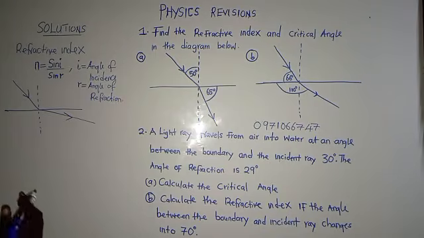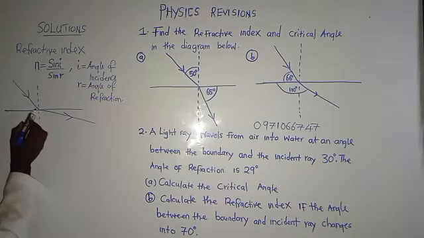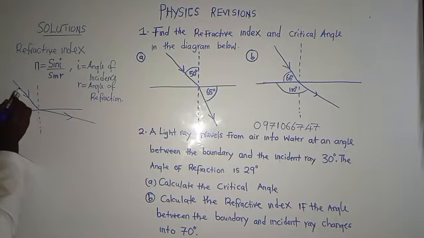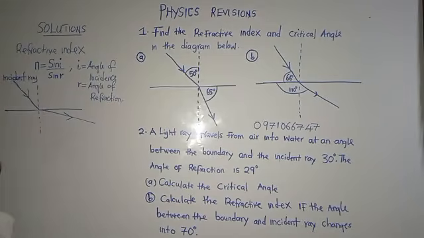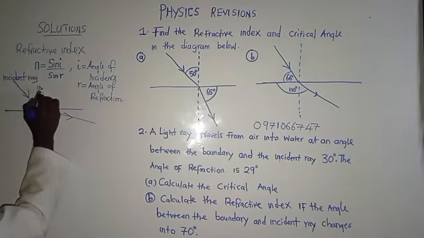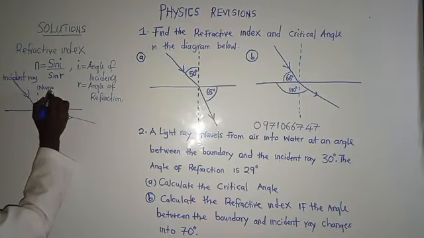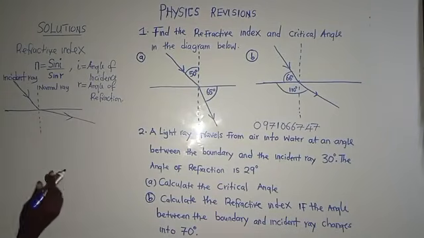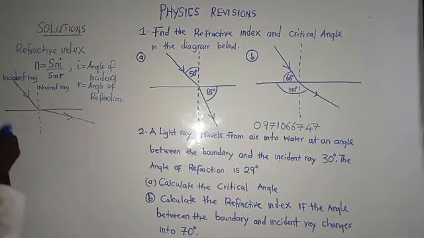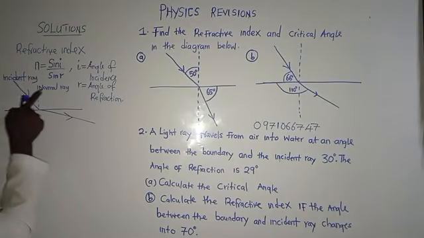The angle of incidence is between the incident ray, this one that you are able to see here, and the normal. This one here is called the normal ray. This is what you are supposed to know.